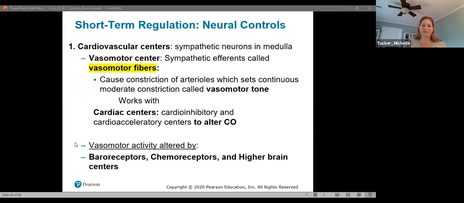Their activity, whether they're going to send more or fewer action potentials, is altered by baroreceptors, chemoreceptors, and higher brain centers. But it's these vasomotor fibers of the sympathetic nervous system that can cause the constriction of arterioles.